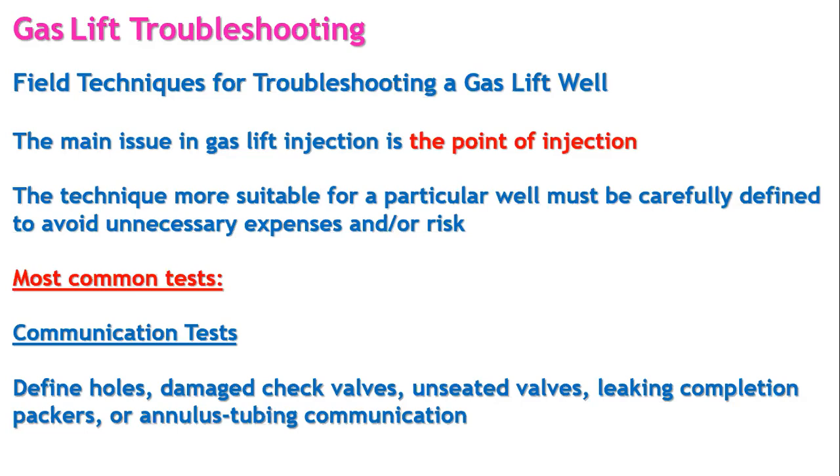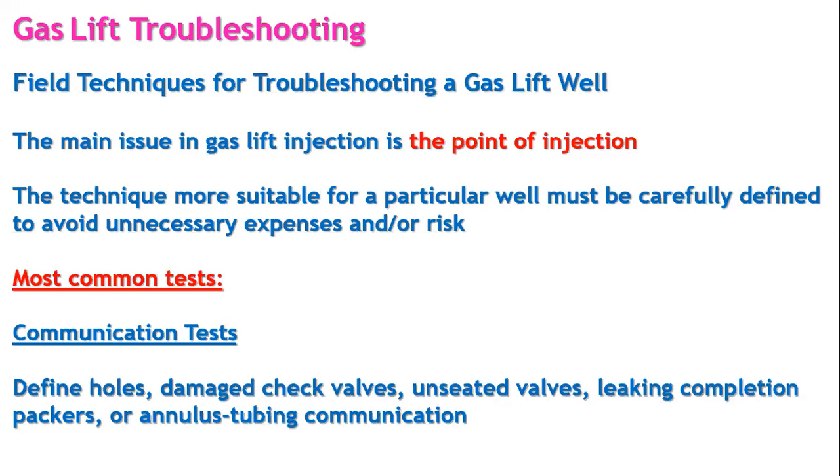We have to face those problems. The common test to get this, in case we have communication problems, is the communication test. In this way, we can define the faults.